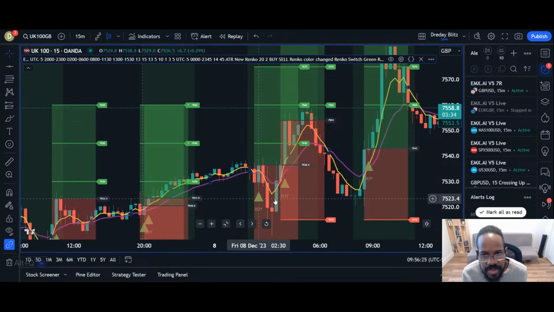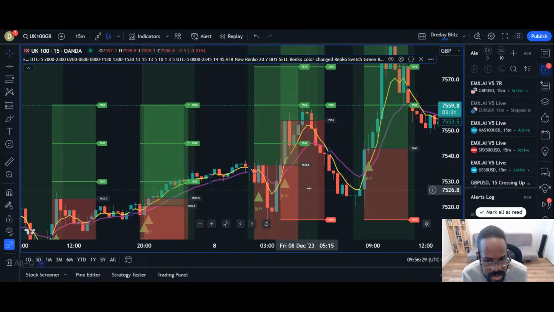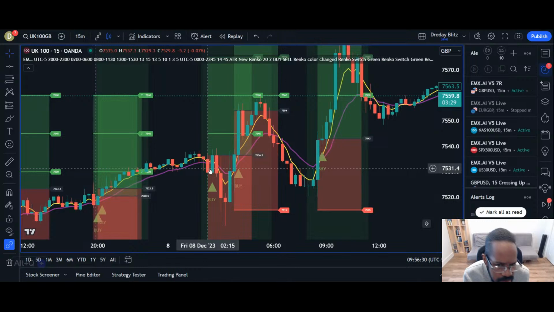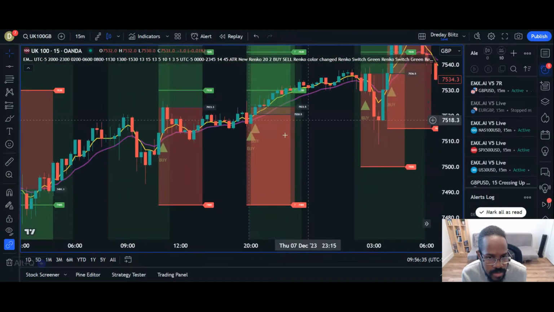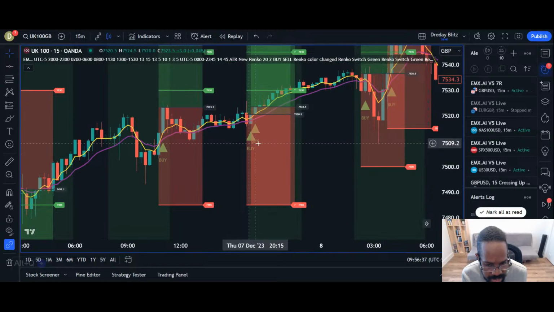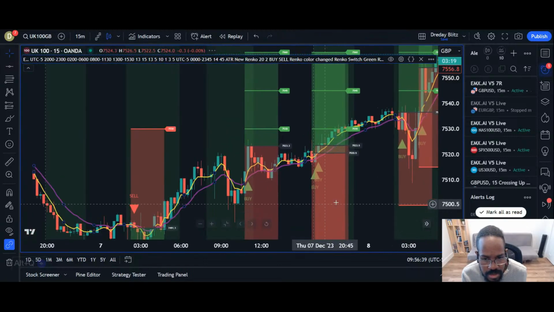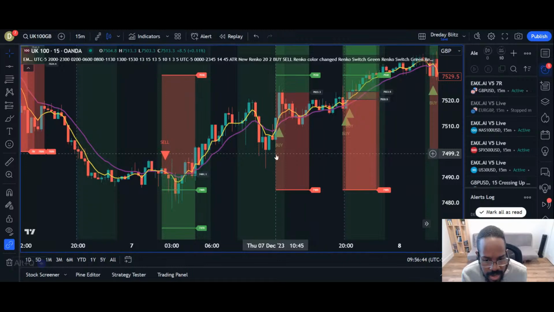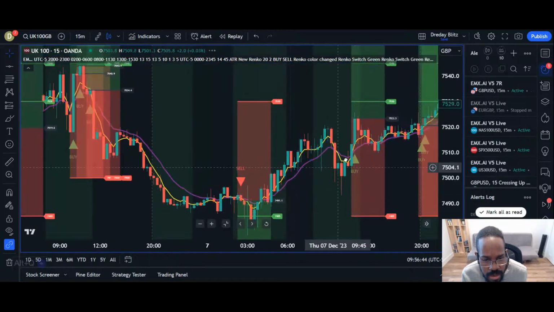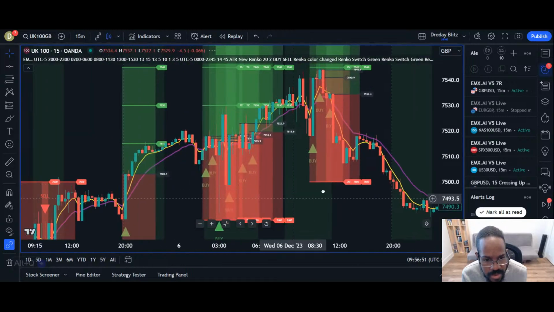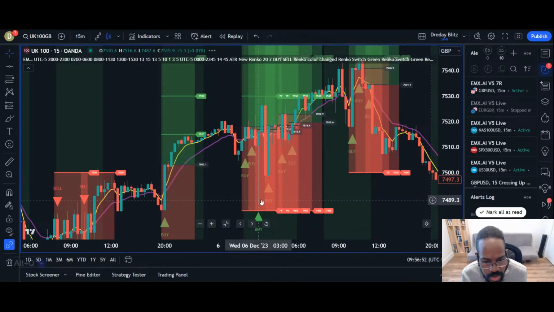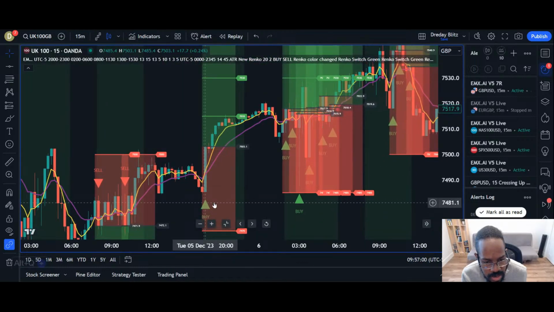So you have taken basically two buys at London, and then another buy at New York. Then you had another buy at Asian, and then another one at New York. You had a sell that lost. But most of the trades here are made during London. Usually, the London setups are the best ones, or the Asian setups.